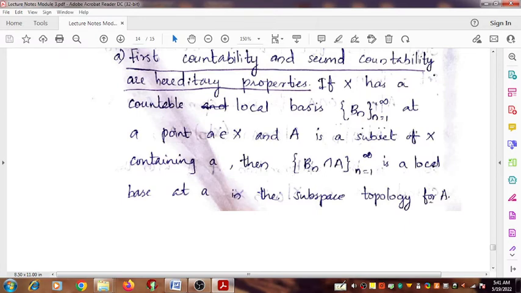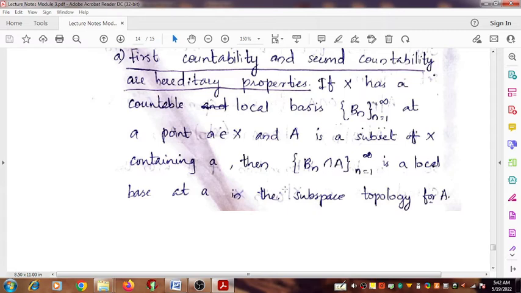We obtain the new collection by intersecting the members of the local basis Bn, which is provided as the local basis for the point a in X, with A. That new collection acts as the local basis for the point a in the subspace topology of A. So there is no need to prove it further.